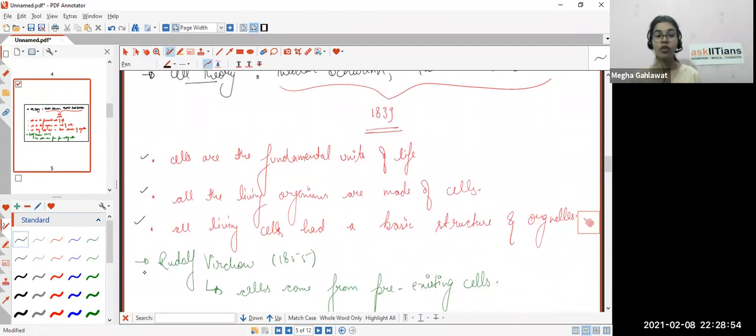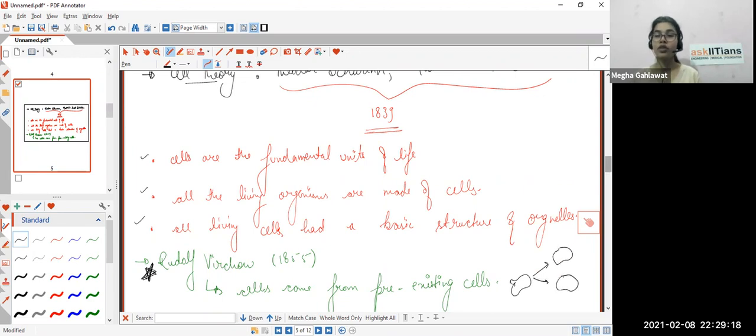Rudolf Virchow is the one person who modernized the cell theory, or who actually answered the question of how cells came into existence from pre-existing cells. For example, if this was an amoeba and it was to undergo binary fission, it'll divide into two daughter cells, right?